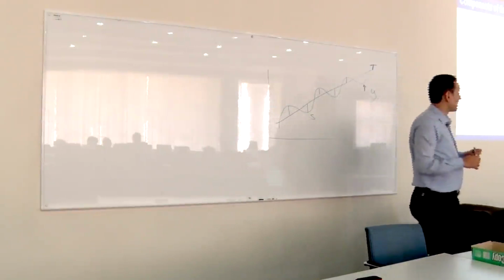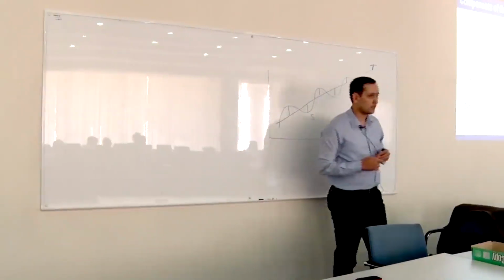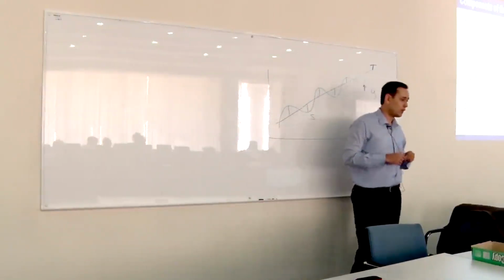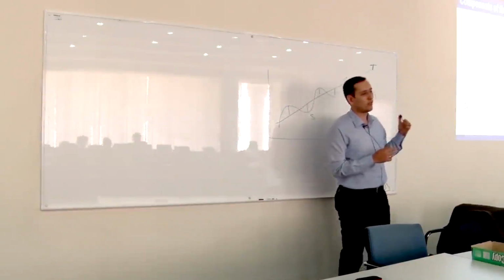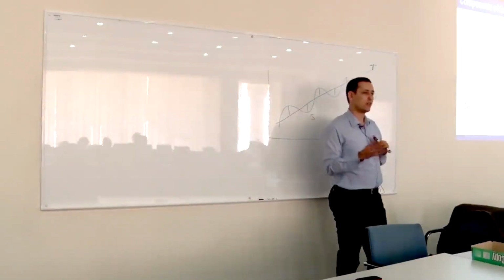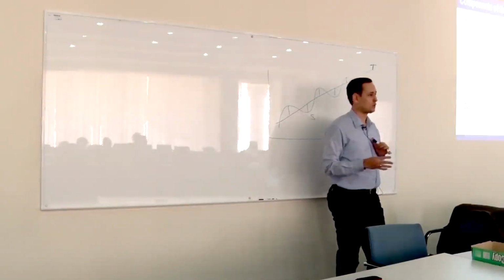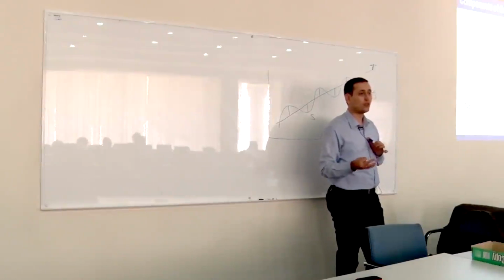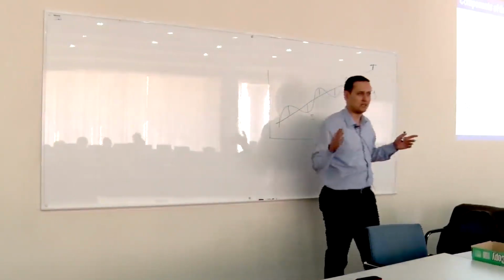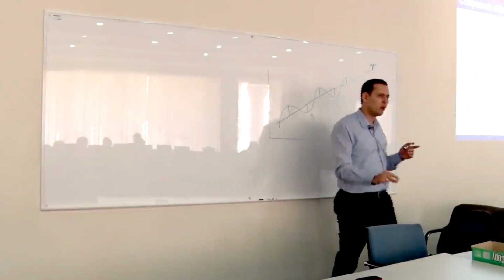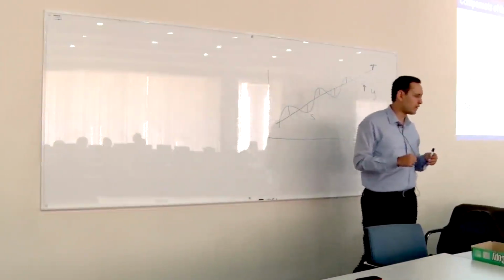And another thing is cyclical variation. So it can be above or below the trend line for periods of longer than 1 year. So this is a cycle. So this is exactly what we talked about before, about the Great Depression, about the crisis, or it can also be a good thing. For example, there might be a very good boom of the economy, meaning very low unemployment, very good economic health.